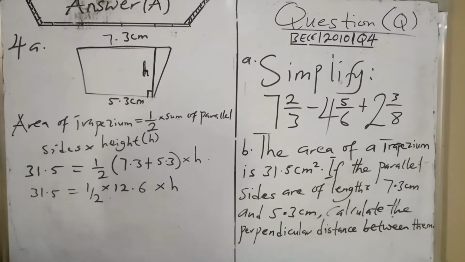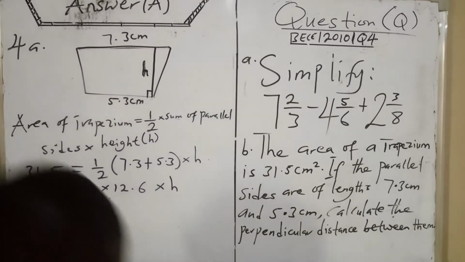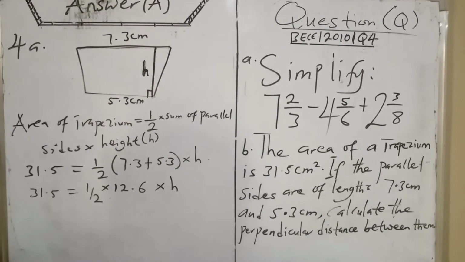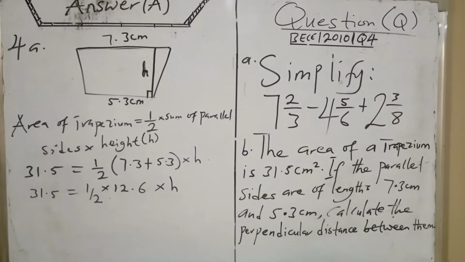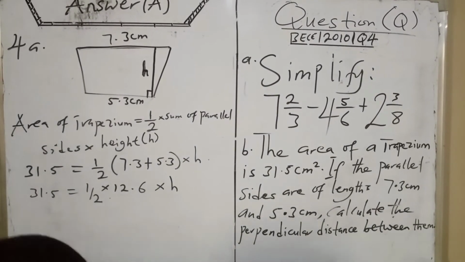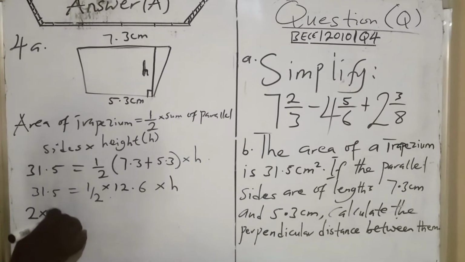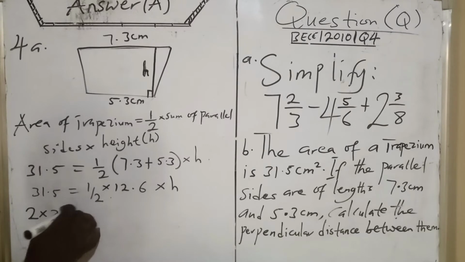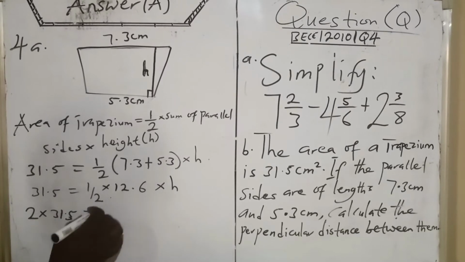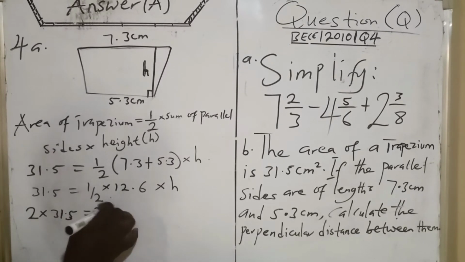The next step is to clear fractions. By clearing fractions, we multiply both sides by 2. So multiply this side by 2, 31.5, and also multiply this side by 2.